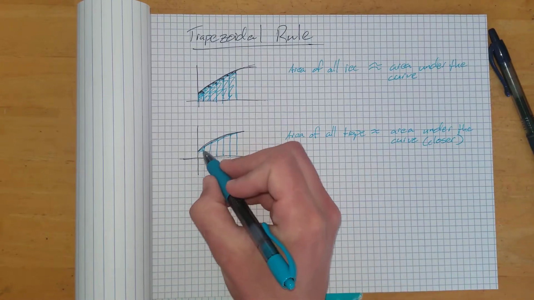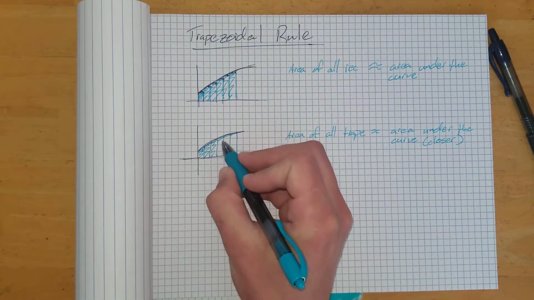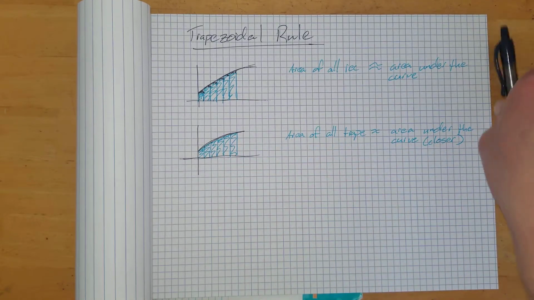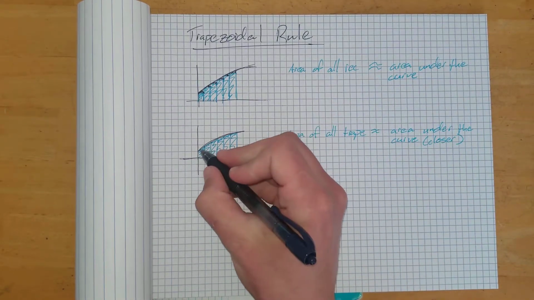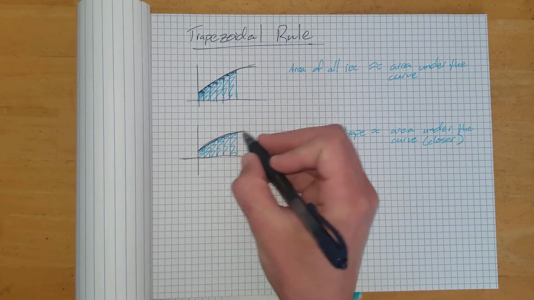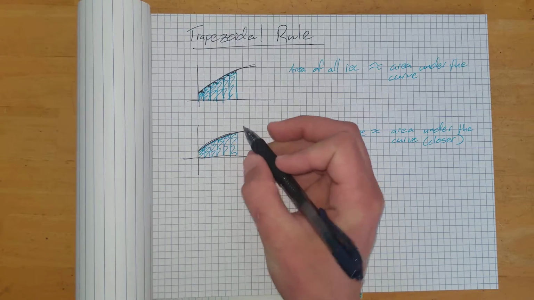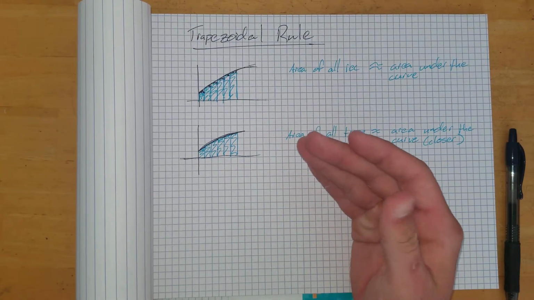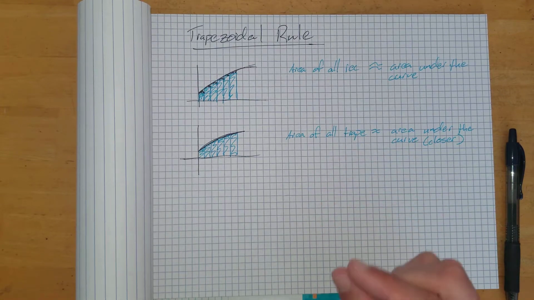Right? Because if we add up all of these, the only thing we're missing is this tiny sliver right here, right here, right here, right there, all the way up. So with the trapezoidal rule, we are just barely off.